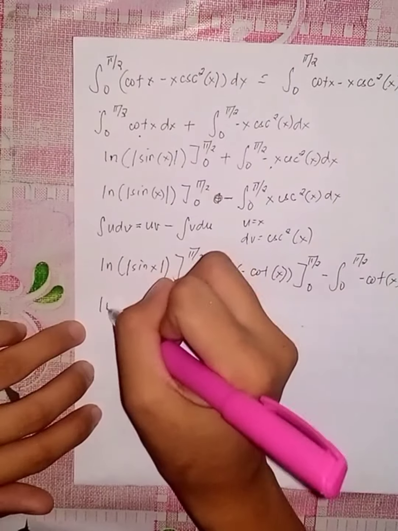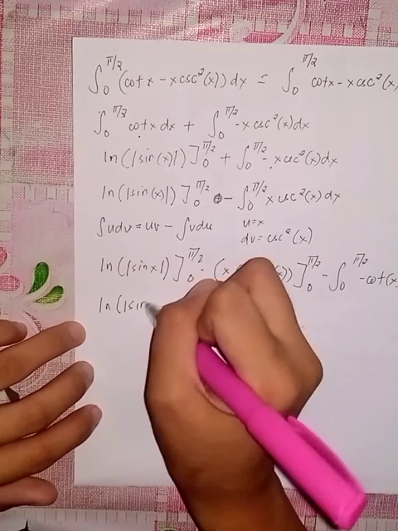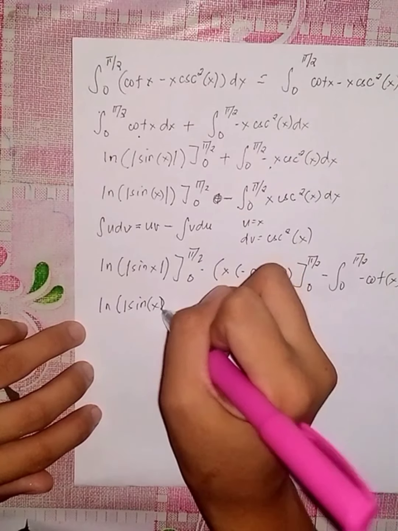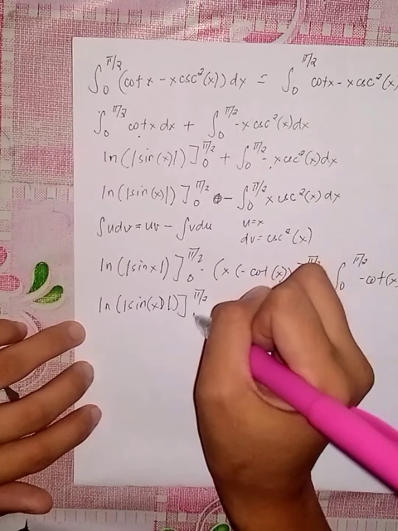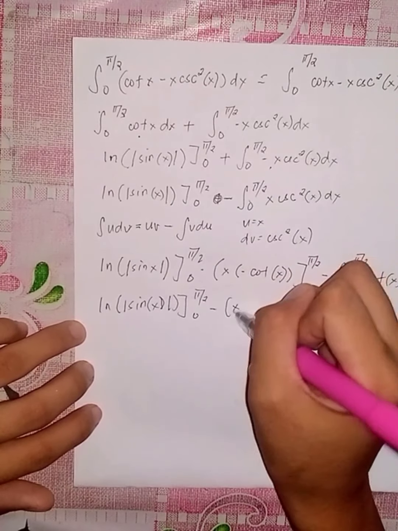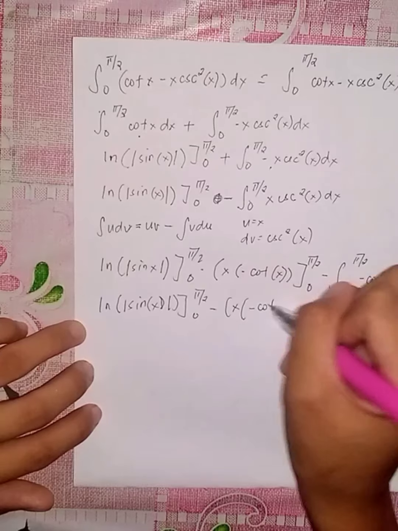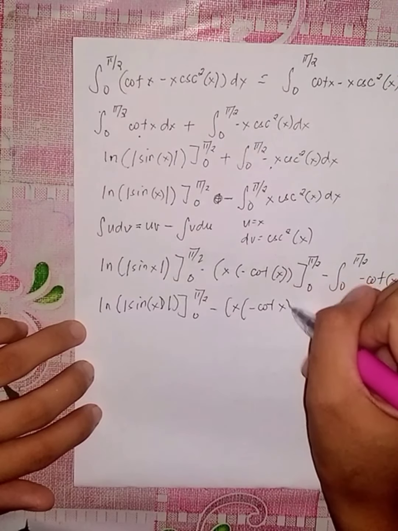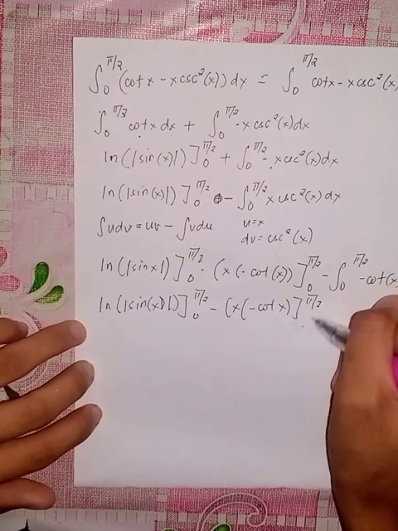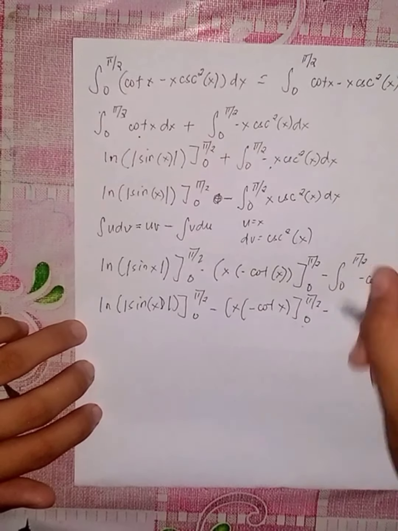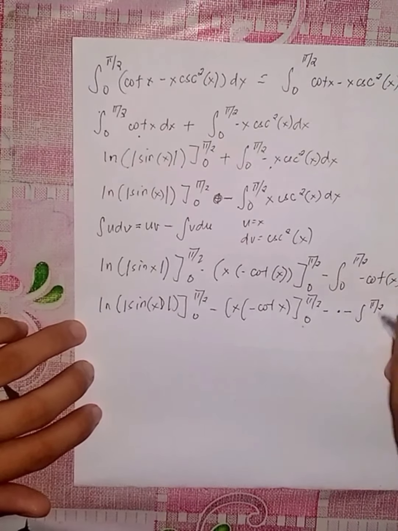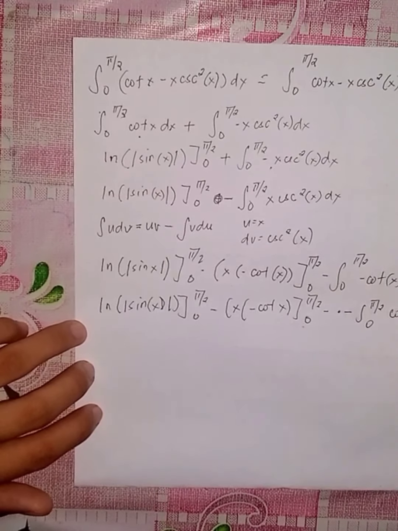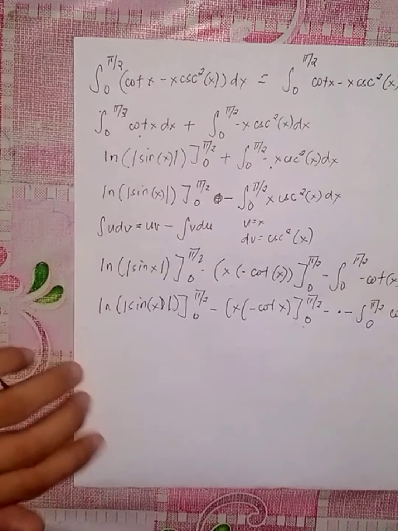So it becomes ln sin x from 0 to pi over 2, negative the integral from 0 to pi over 2 of cot x dx.